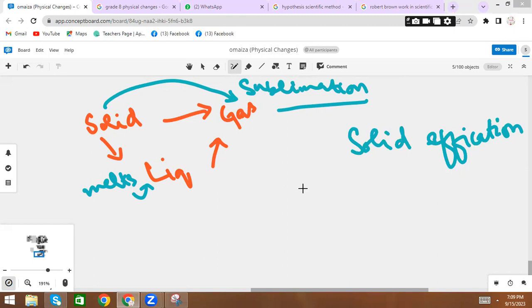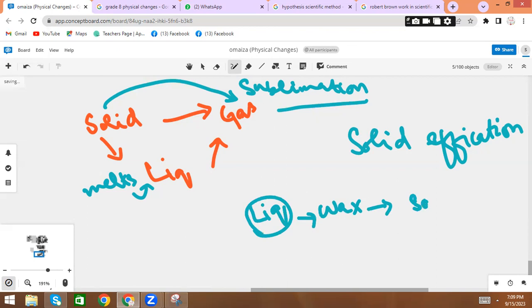We have a liquid, any liquid which is a thick liquid, like wax. Have you ever seen wax and honey? Yes. So when the temperature becomes low, like in winters, it solidifies on its own.